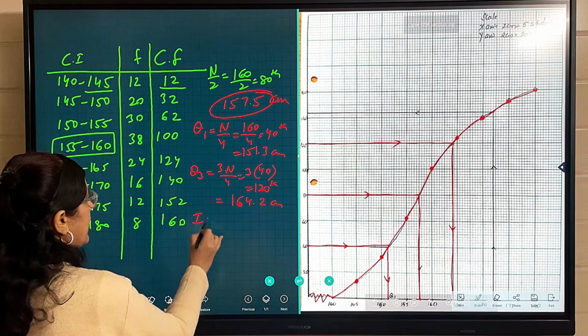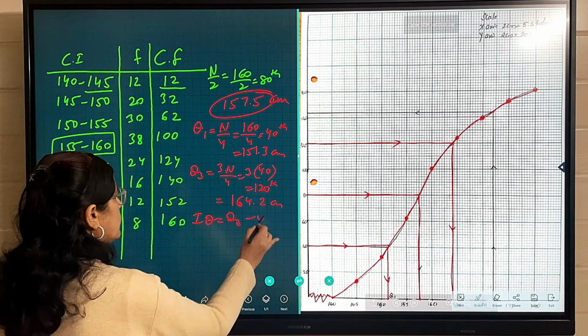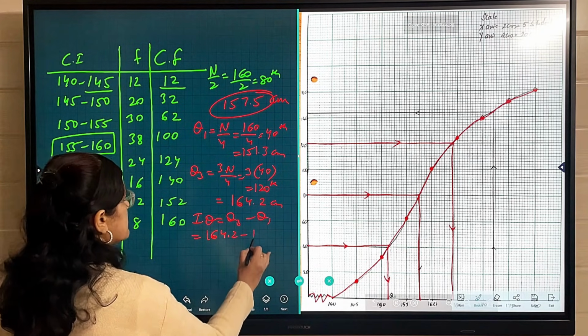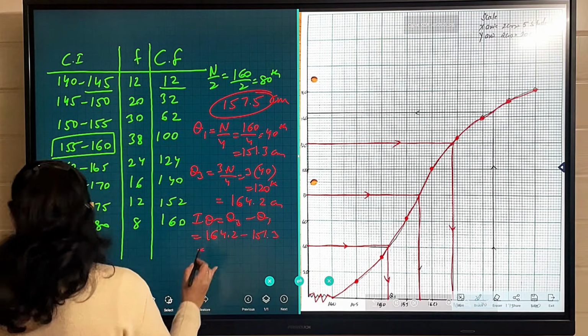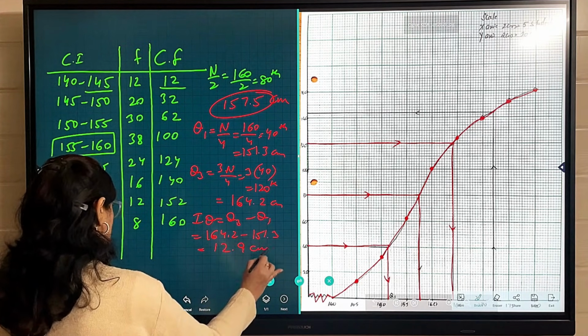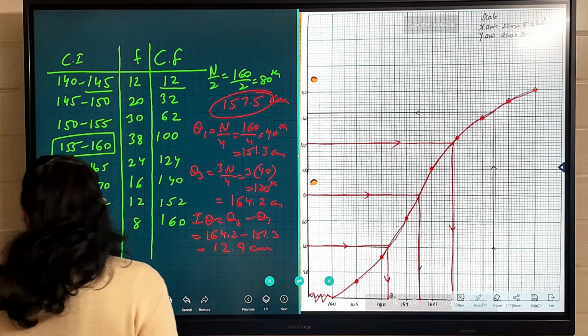So for interquartile range we have to subtract. So Q3 minus Q1, it means 164.2 minus 151.2, and after subtracting you will get its value as 12.9 centimeter. This is the interquartile range.